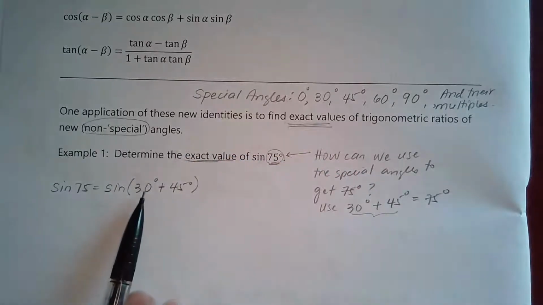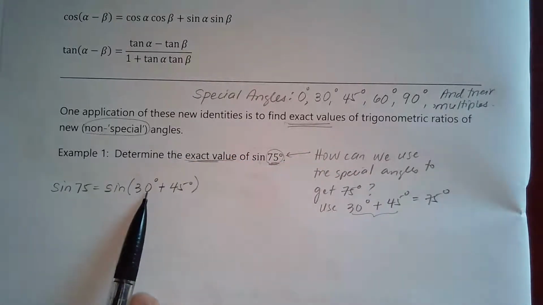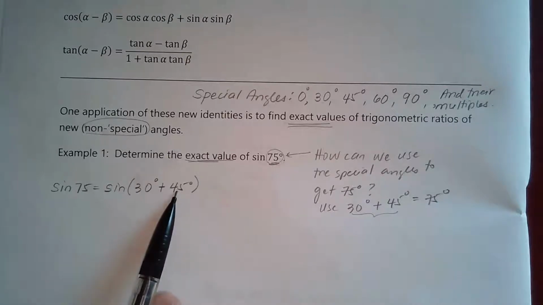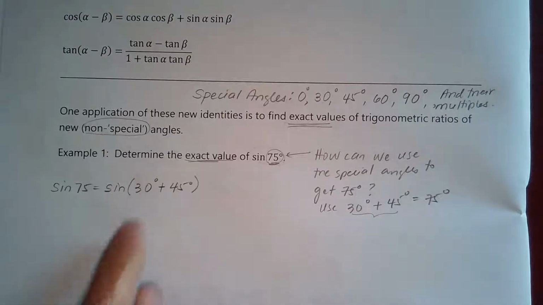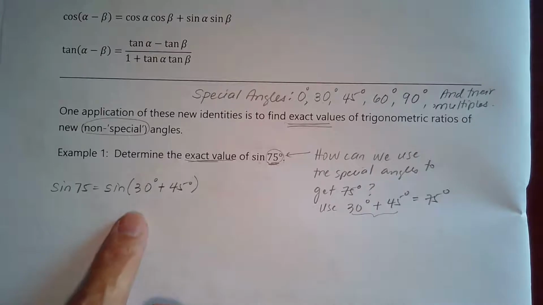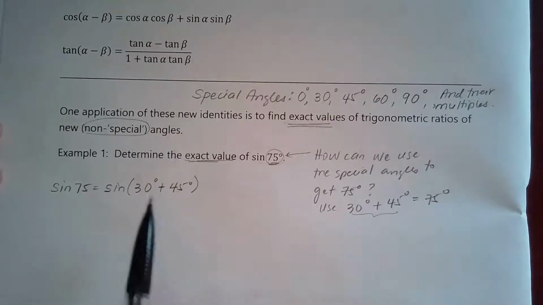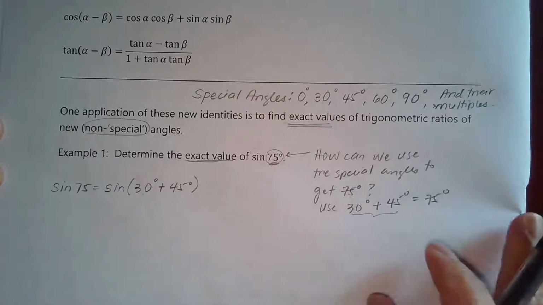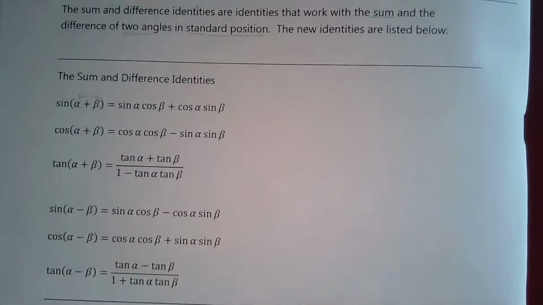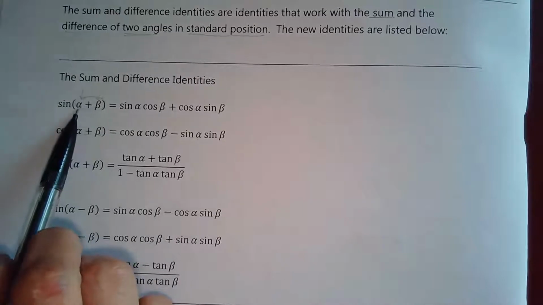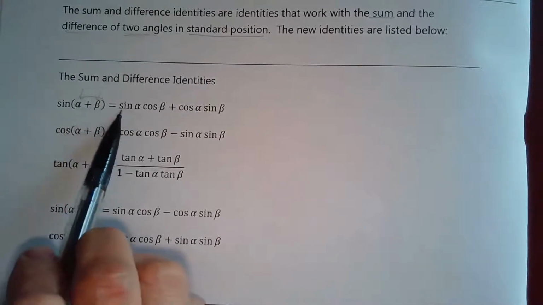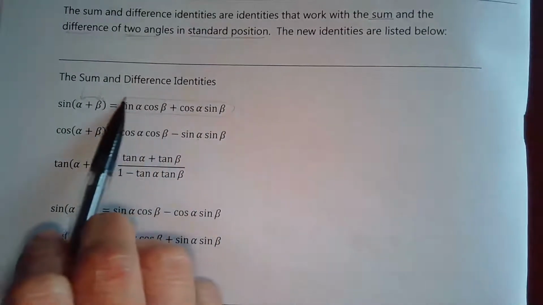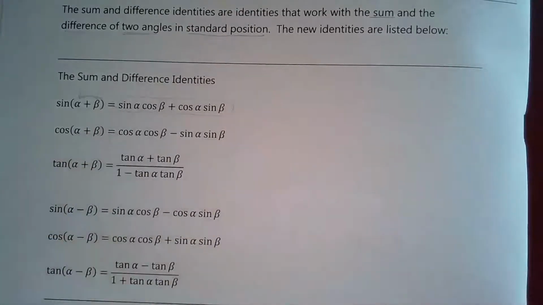So this is your alpha angle, and this is your beta angle. So how do we expand this? What's the identity for that one? Sine of alpha plus beta could be expanded like this. So let's do that.